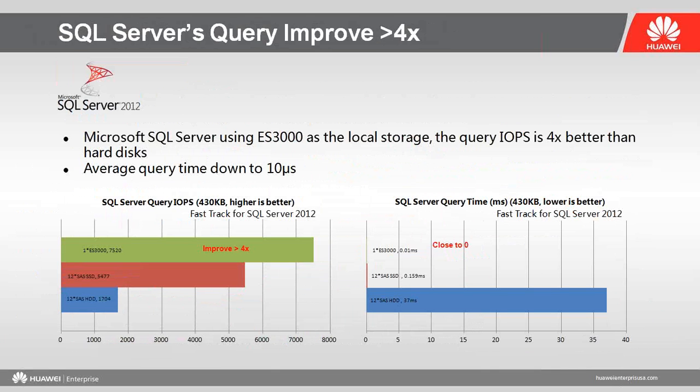Same thing with SQL Server, again using the ES3000 as local storage. When you have a card this big, 2.4 terabytes with 3.6 terabytes to come, you've got that capacity. You can put a whole database into one of these cards and get near memory speed of access.